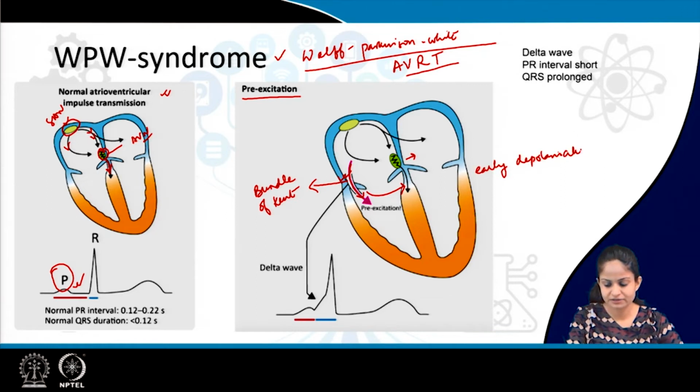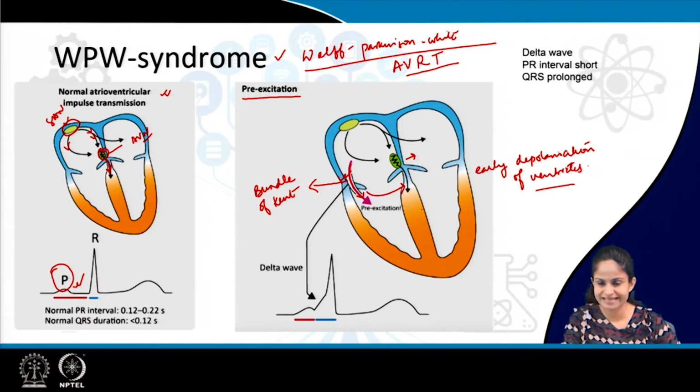Whenever there is early depolarization of the ventricles, the point where the accessory pathway and the normal pathway meet will give rise to a wave that is known as the delta wave. So, here we are getting this upward sloping, this is nothing but the delta wave.